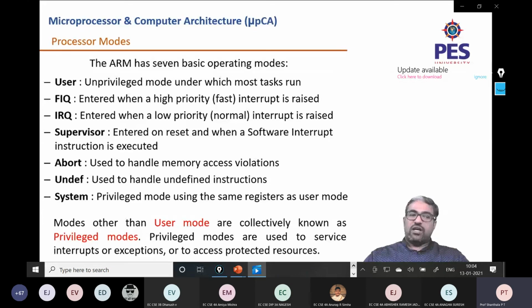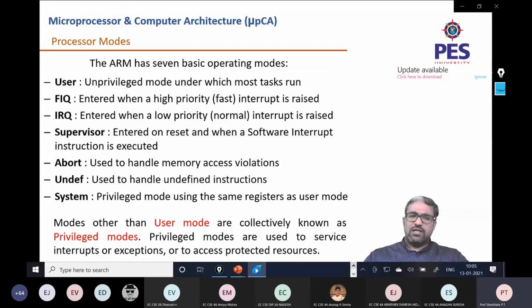If the higher priority program is executing and a user or low priority program comes, the high priority program will not give it a chance and will continue its execution. This is one view you should have when understanding the modes.